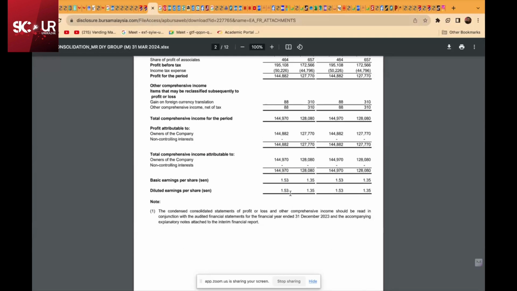So now you divide 186 by 0.612. You will get the price earning ratio.